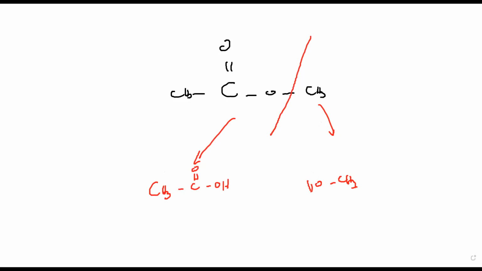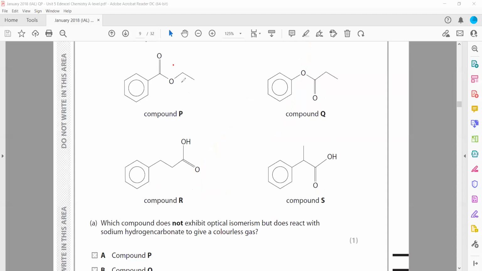Same thing, if you see the two esters which we have. First, it will break down from this part, and it will convert into carboxylic acid first, so H will be attached.